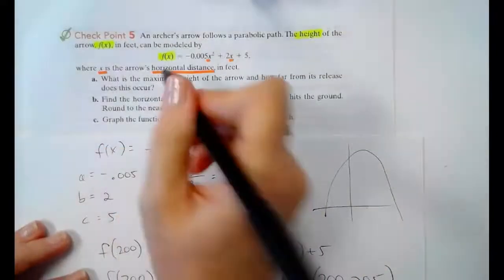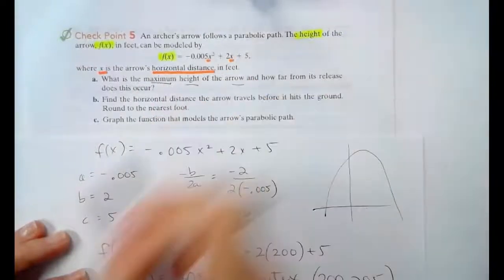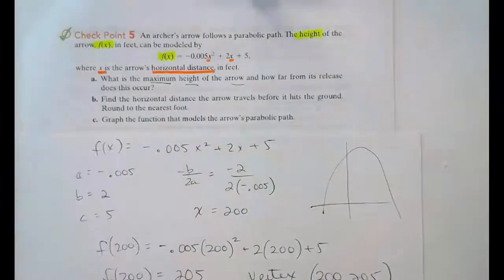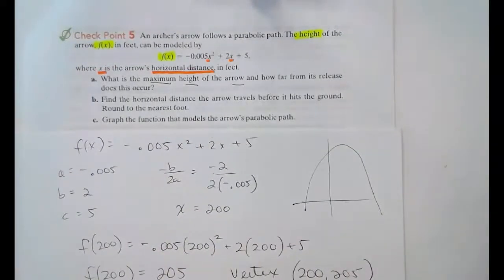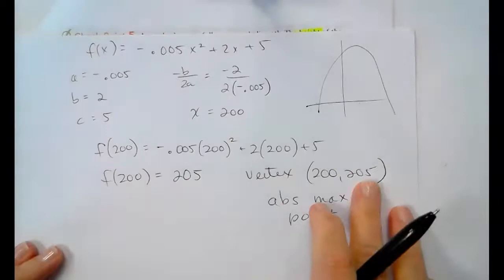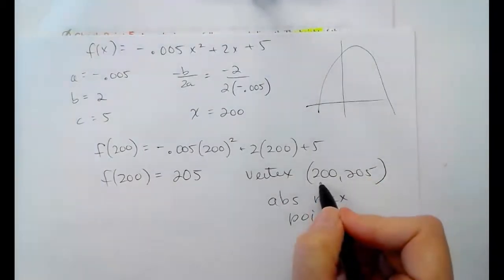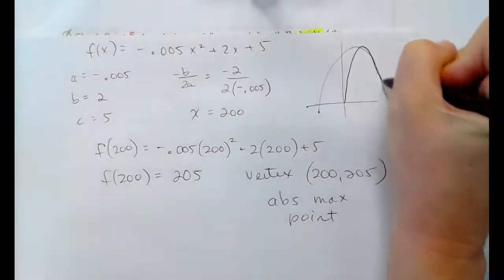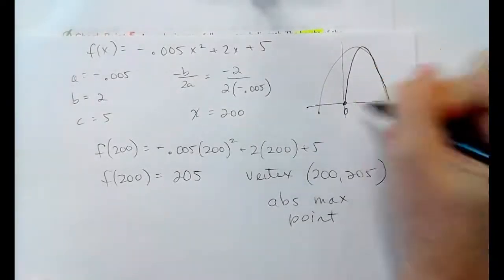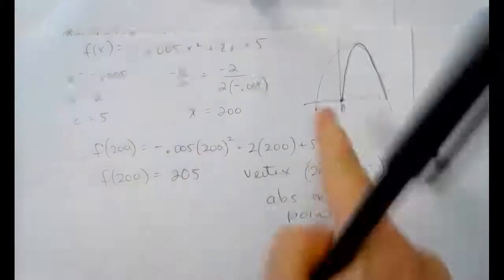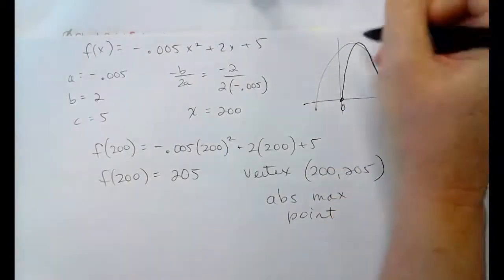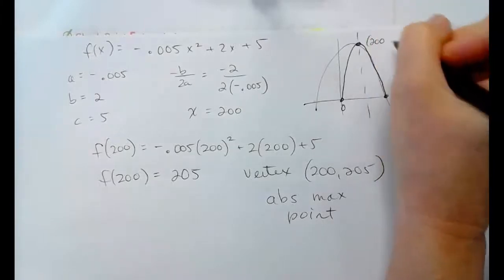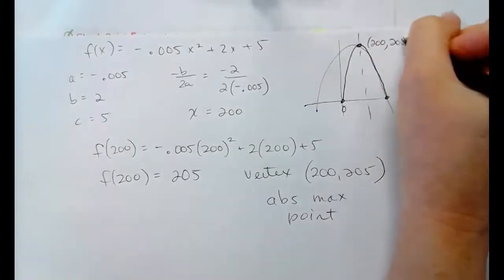It says, what is the maximum height of the arrow and how far from the release does it occur? So if my absolute maximum value is 205 and the x-coordinate is 200, and I probably should have drawn my parabola a little more like that, because we're starting at 0, and we're going to be finding another value over here. So right up there, there is 200, 205.